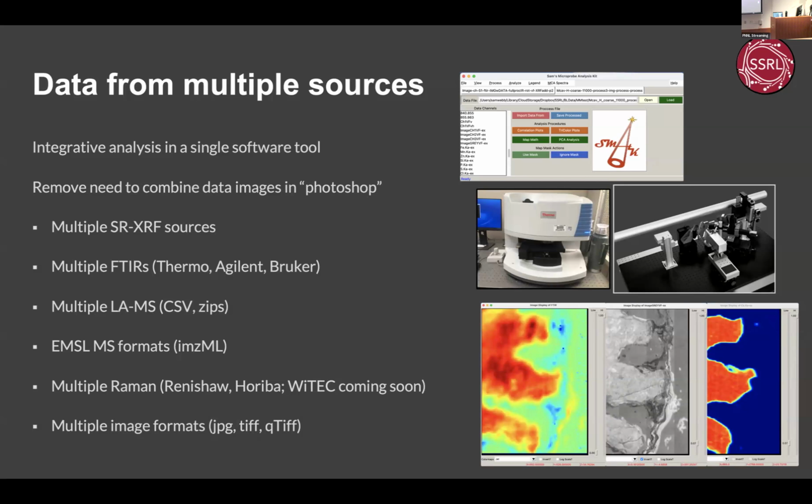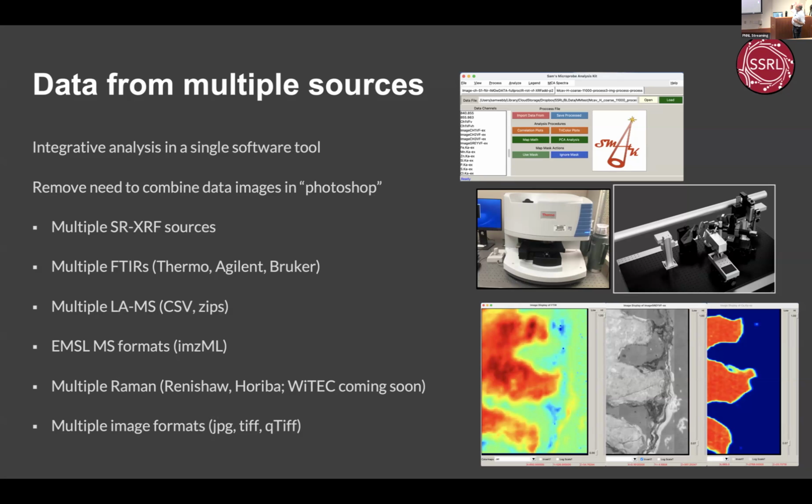So you've heard a little bit about the microanalysis toolkit, affectionately known as SMAC. And we've really worked recently to put all these formats together in a single platform. So again, the idea here is to remove this need of trying to overlay our data sets in Photoshop or PowerPoint, however you usually make your presentations look pretty.